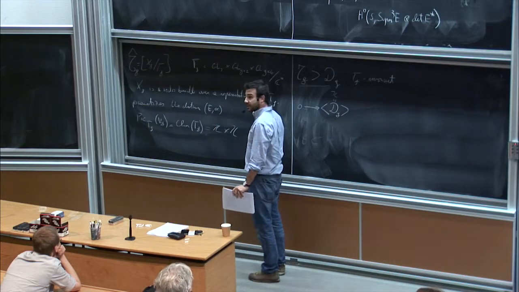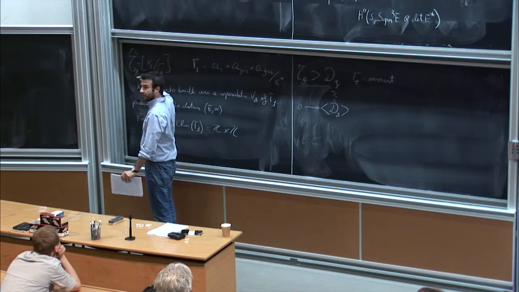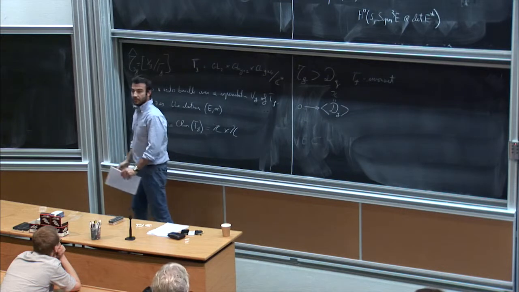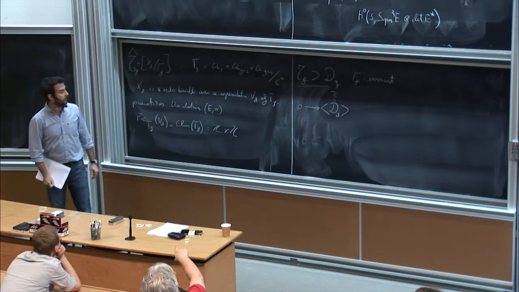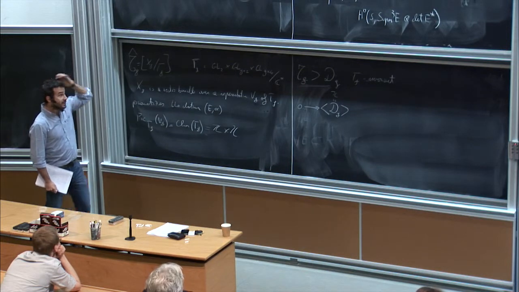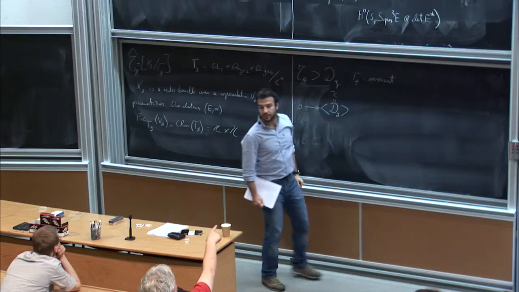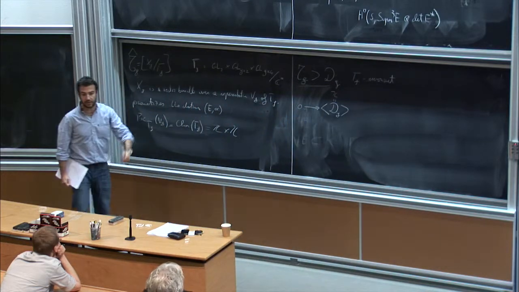You have an affine space, which is a representation of Γ_G, and X_G is a vector bundle over this. No, the fibers of the vector bundle are these spaces. Yeah, the spaces of sections.